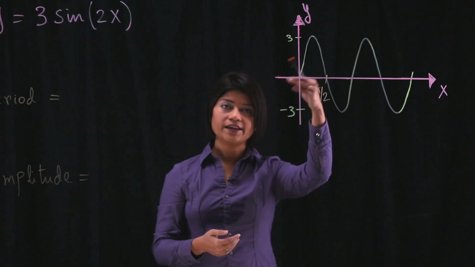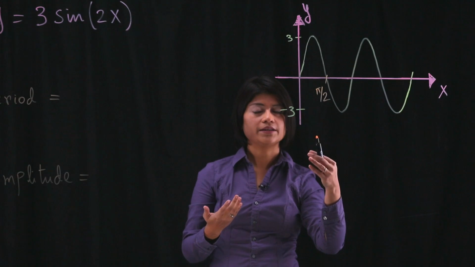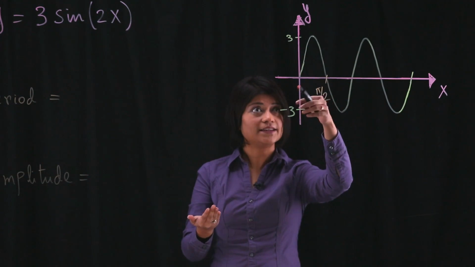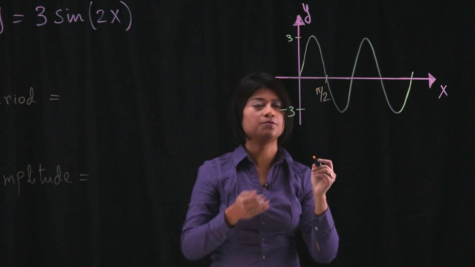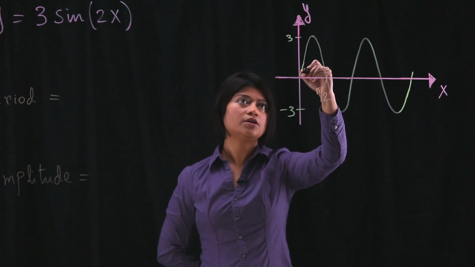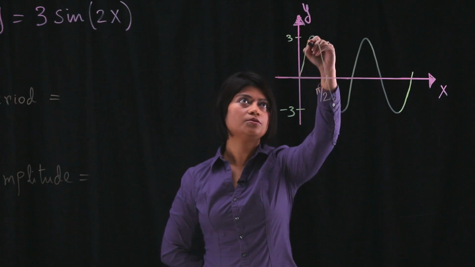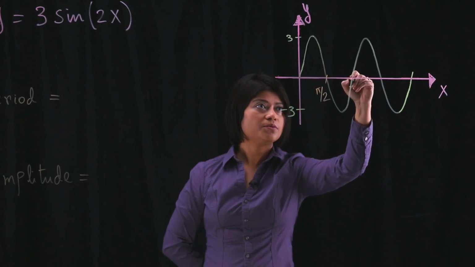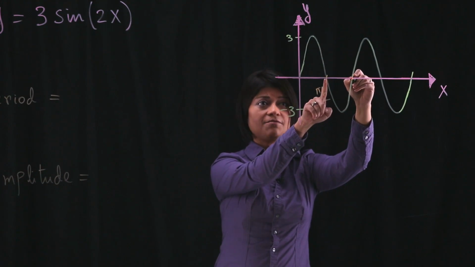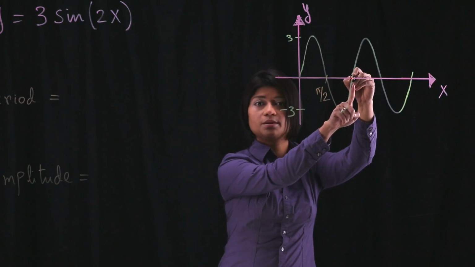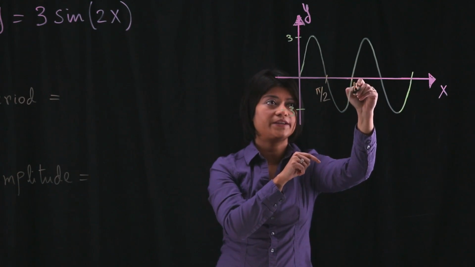Okay, so this is a sine curve, and you can see that it repeats itself, right? If you notice carefully, see the portion of the curve that starts from 0 and goes all the way up to here. What is this point? This half of it is pi over 2, and this is another pi over 2, so this will be pi, right?